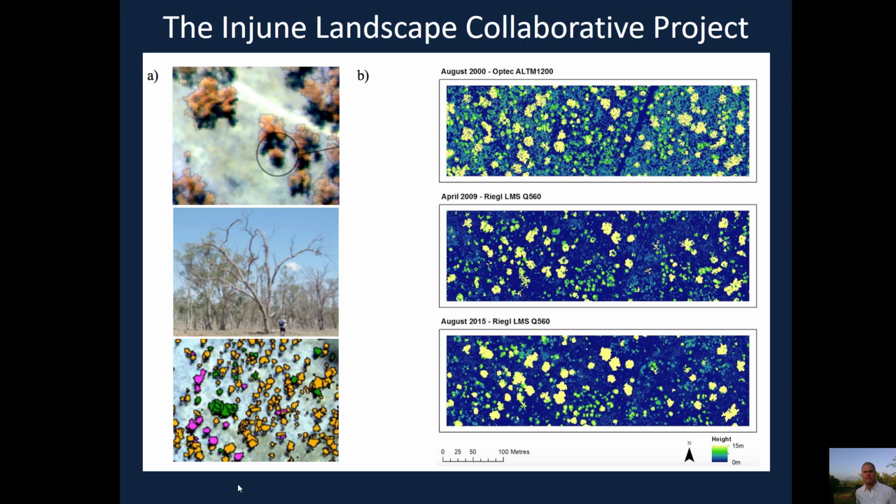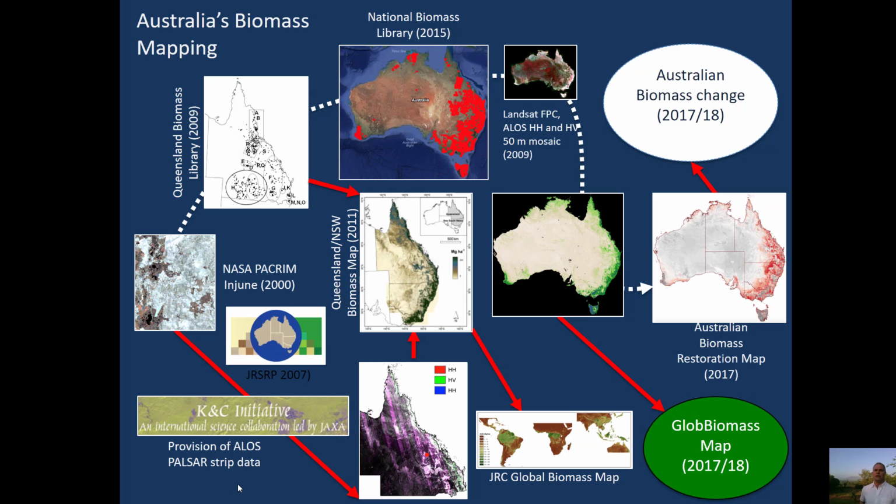One of those field sites is the Injune Landscape Collaborative Project, which started in 2000. We've had a lot of aircraft imagery, with LiDAR in 2009 and 2015, and that formed the basis of many of our ideas.